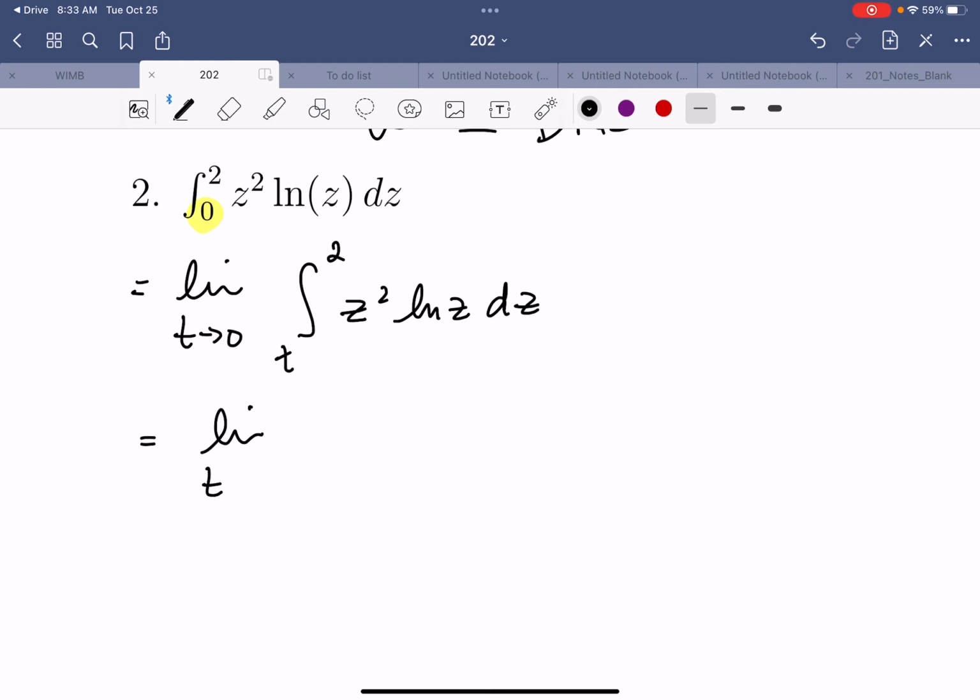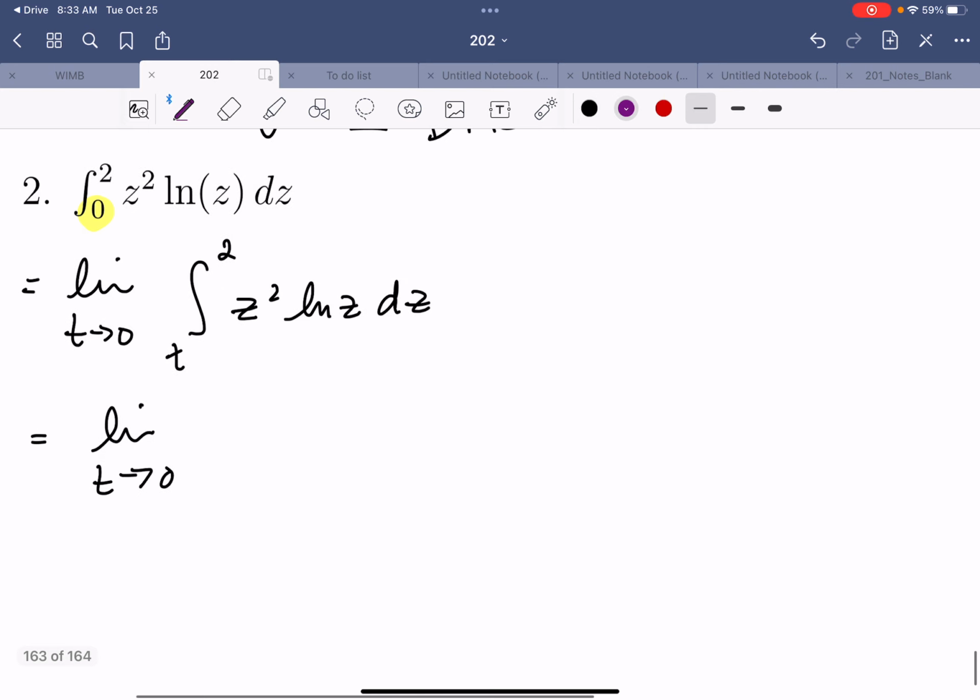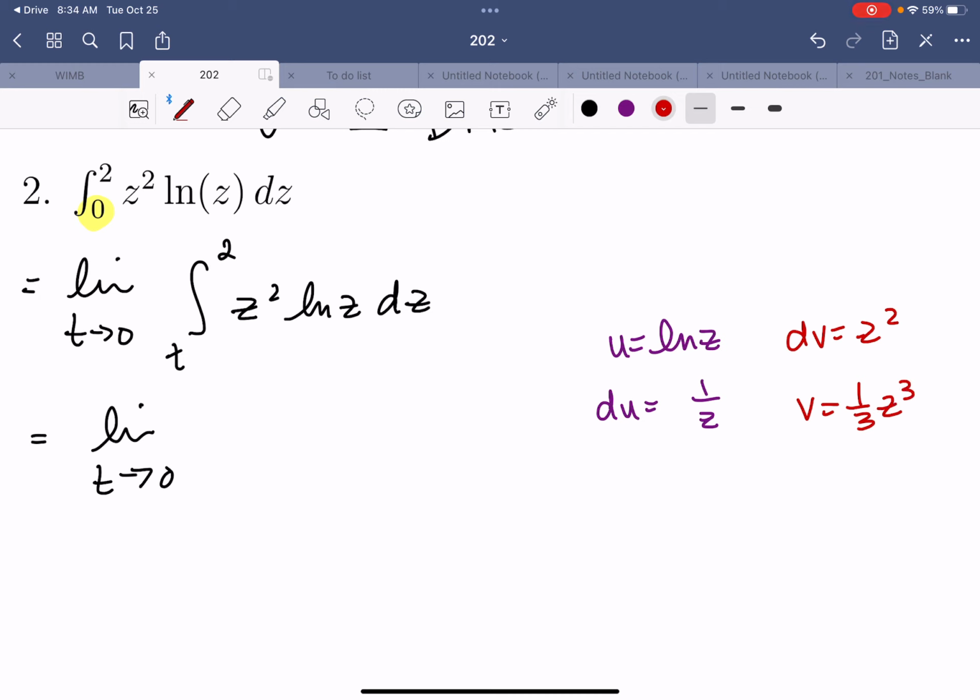This is the limit as t goes to 0 of, now we've got to integrate z squared ln z. So this is by parts because you're multiplying two functions and one of them is an ln. So my u is going to be ln of z and du is 1 over z. My dv is z squared and the antiderivative there is 1/3 z cubed.